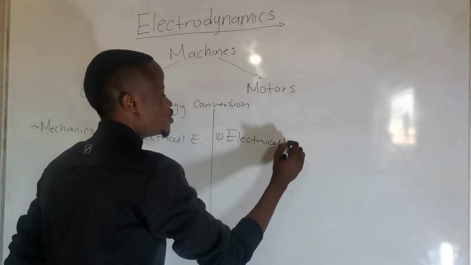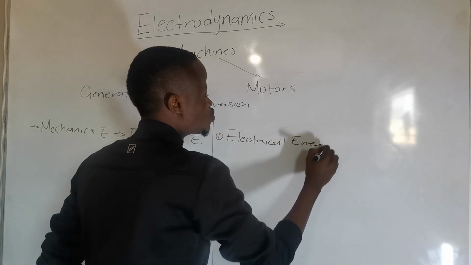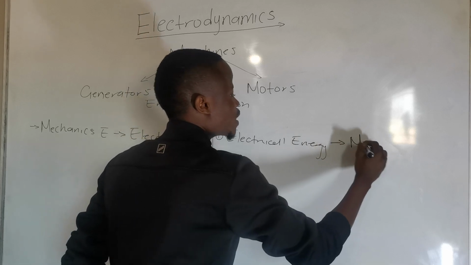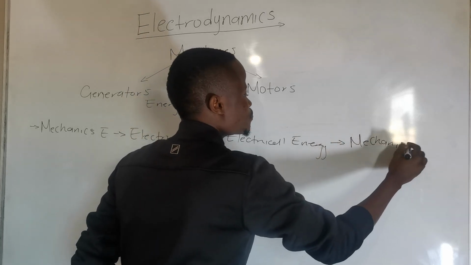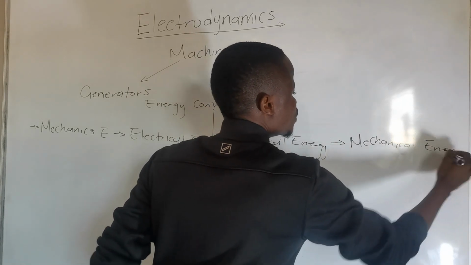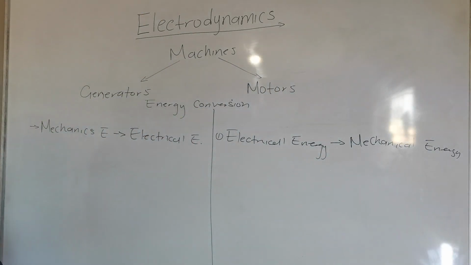Electrical energy, then convert it to the mechanical energy. That is what you need to know. So that is our first difference between the motors as well as the generators.